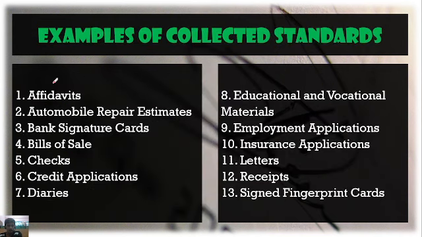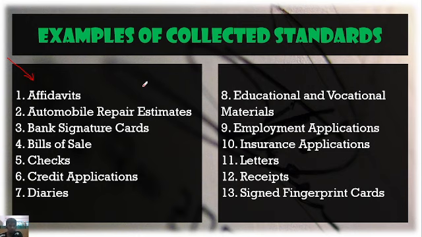Another one, or on the next slide, we have here some examples of collected standards na pwede nyo makuha, ma-request in different institutions na affiliated siya. Maybe we have here affidavits, okay? Automobile repair estimates, kung meron siyang sa mga repair shops na pinuntahan niya.